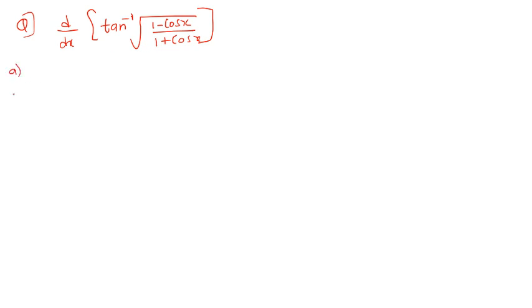Find the answer. The options given are a is minus 1 by 2, b is equal to 0, c is equal to 1 by 2, and d is equal to 1. Tell me the answer faster. You have to be careful with the formulas here. Substitute 1 minus cos x and 1 plus cos x formulas.